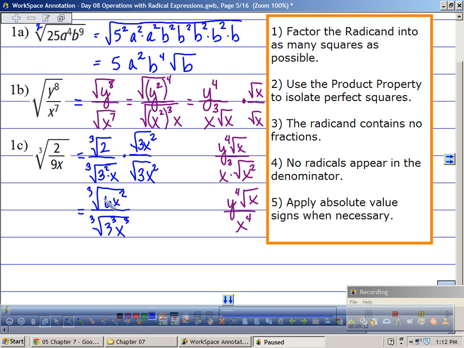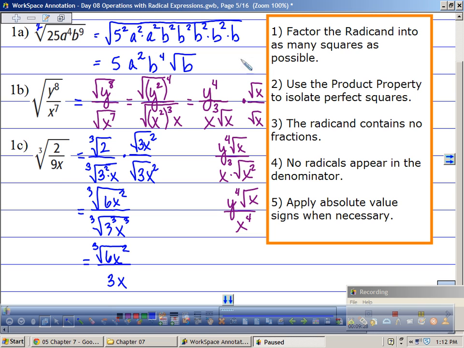I can't simplify any of that. It's just going to stay there. However, I can simplify this. It becomes, rewrite all of this, the cubed root of 6x squared all over 3x. X is odd, right? It was originally odd. So do I have to worry about it? Nope.